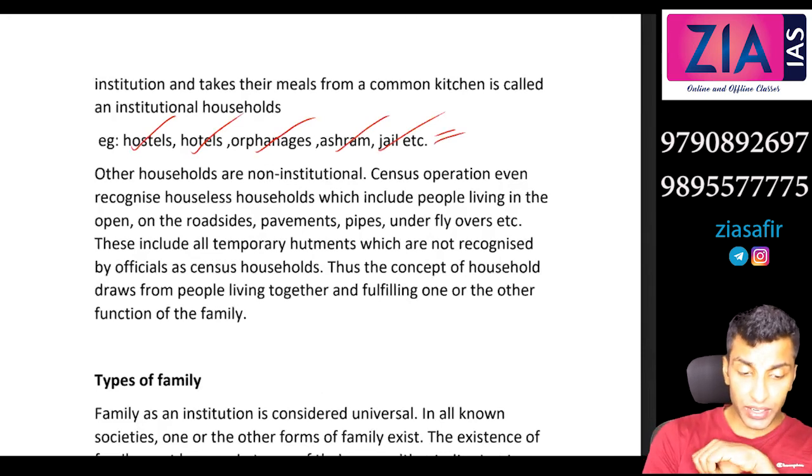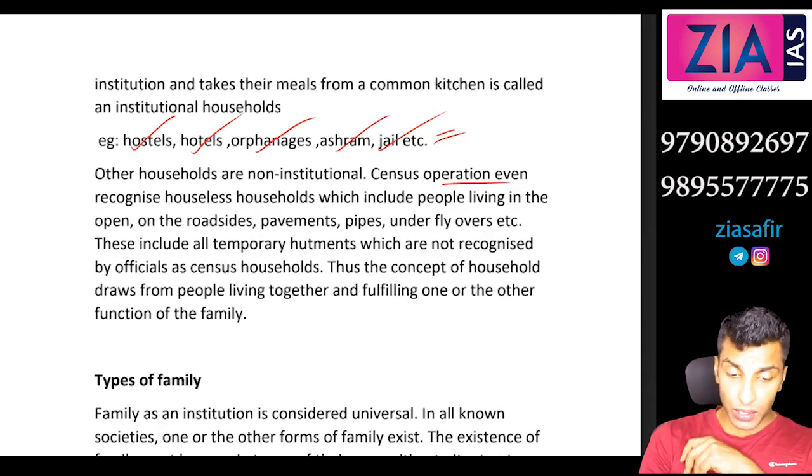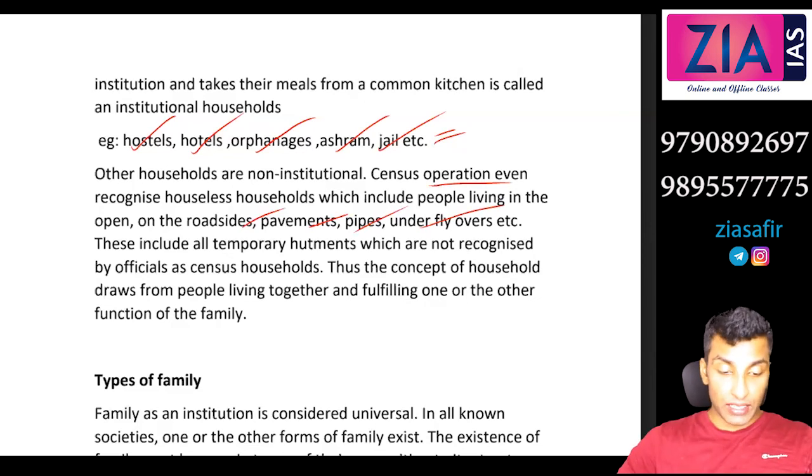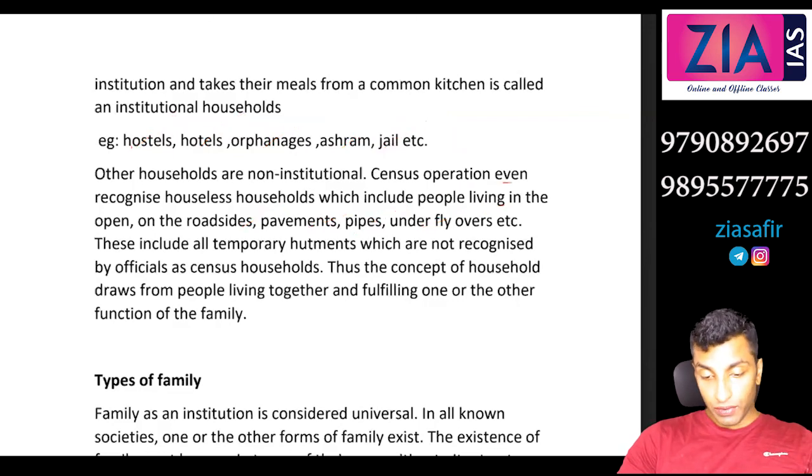Census operations even recognize the houseless households, which include people living in the open, on the roadside, pavements, pipes, flyovers, etc. These include all temporary hutments which are not recognized by officials as census households. Thus, the concept of household draws from people living together and fulfilling one or the other functions of family. Okay, so that's household.